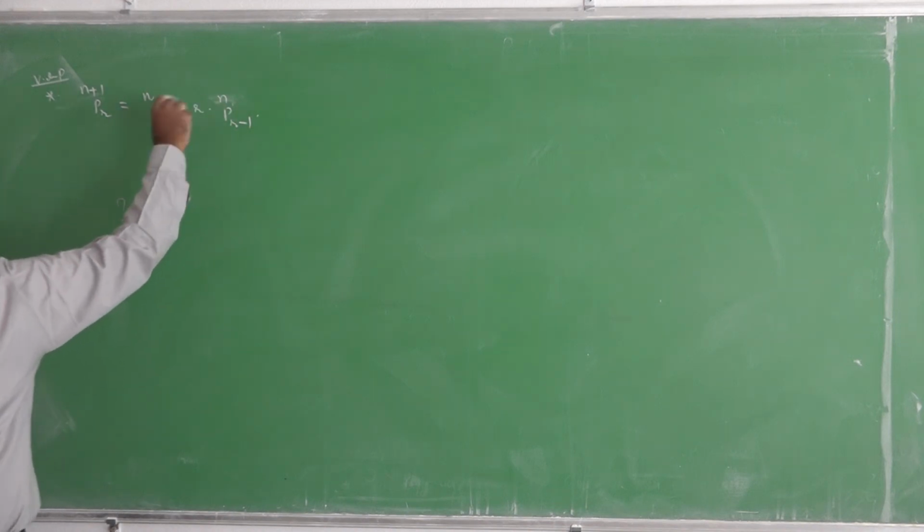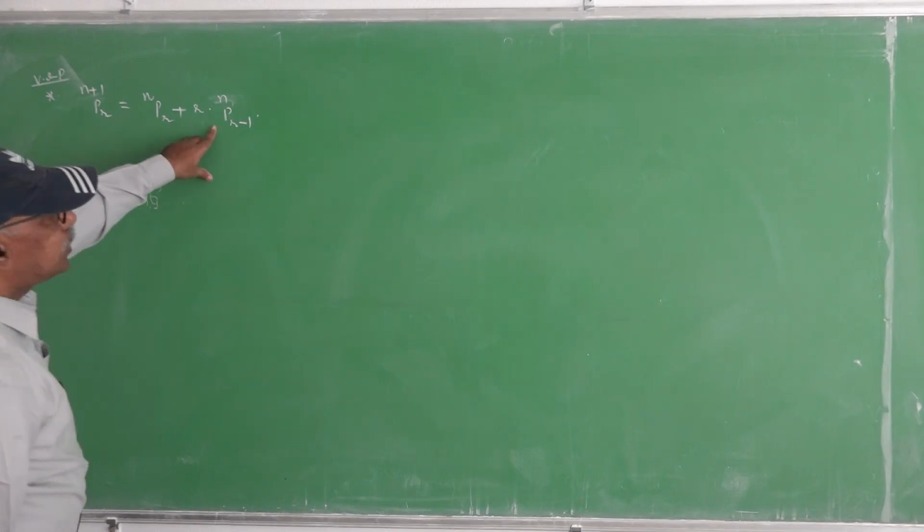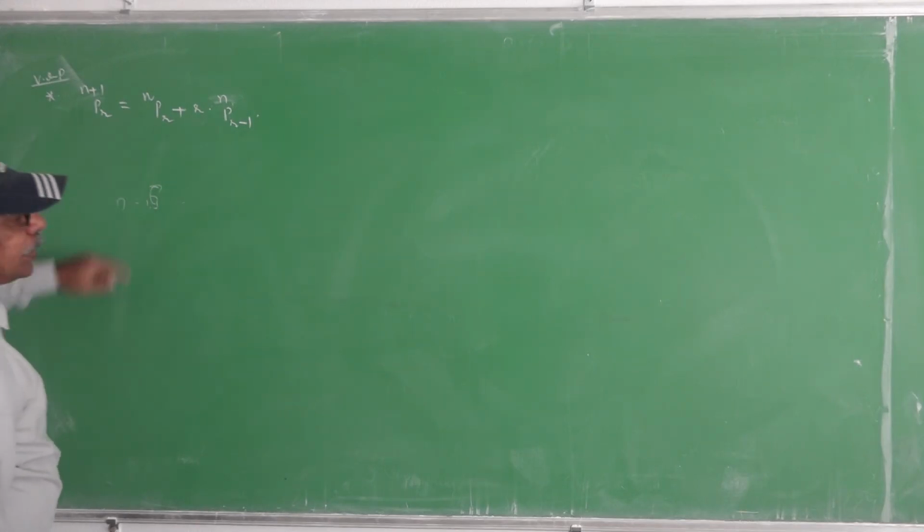So this is the number of ways of arranging with a particular thing included in the arrangement, and not included in the arrangement.